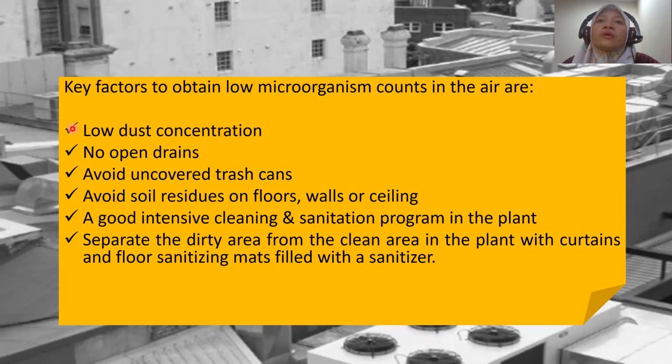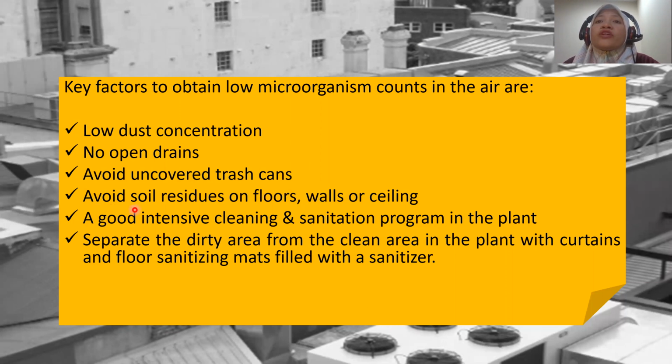First is low dust concentration. Normally, high dust concentration around the processing area will have a high value of microorganisms that can be detected in the air. Then make sure there are no open drains, and avoid uncovered trash cans.